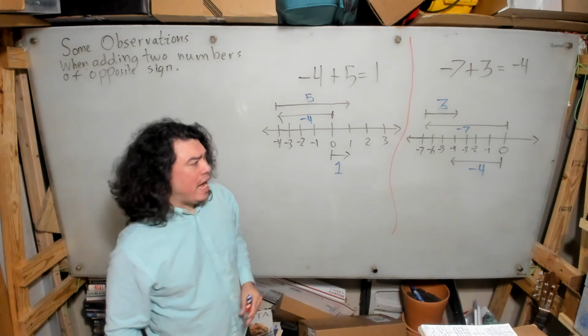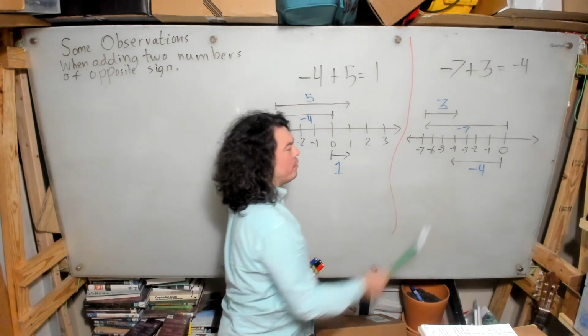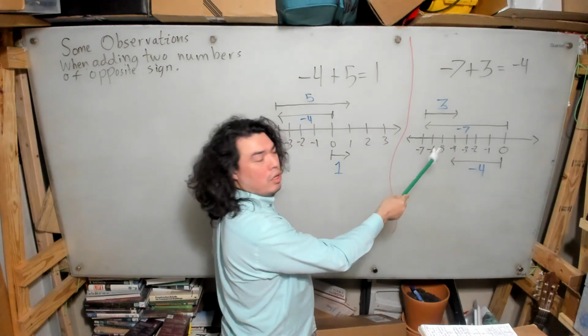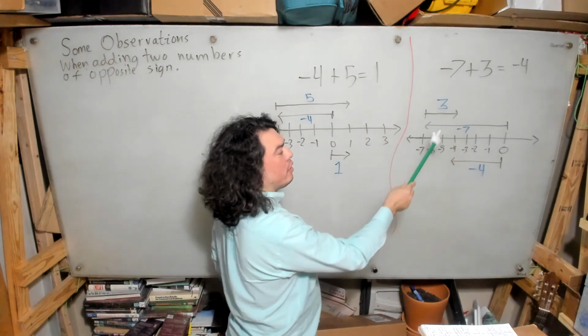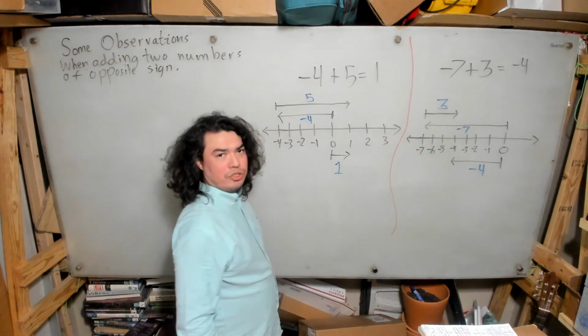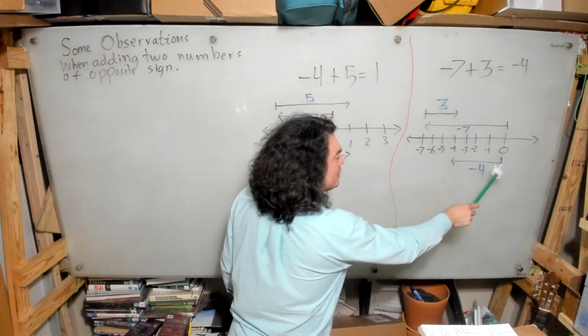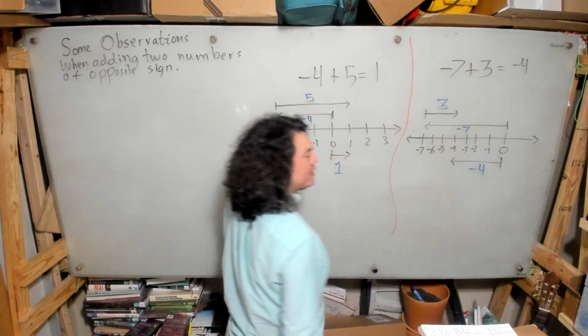And moreover, how long is the arrow that represents the sum? Well, we know that the arrow that represents the negative 7 here is 7. We know that the arrow representing the 3 here is 3. What's 7 minus 3? That's 4. And you can see that that is indeed the length of this arrow, which represents the sum of these two numbers.